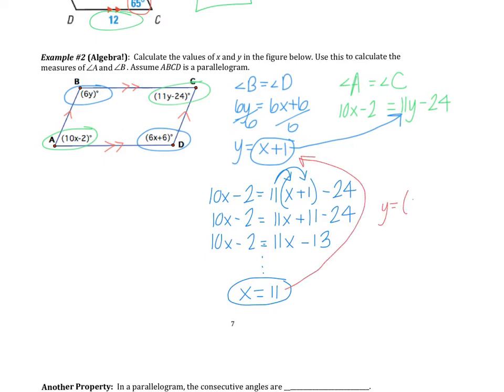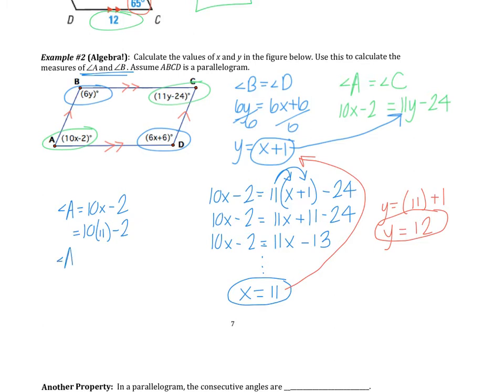So y would equal 11 plus 1. Y equals 12. Now that's great. That's x and y. The question, though, asks, find the measure of angle A and angle B. Well, angle A is 10x minus 2, which is now 10 times 11 minus 2.